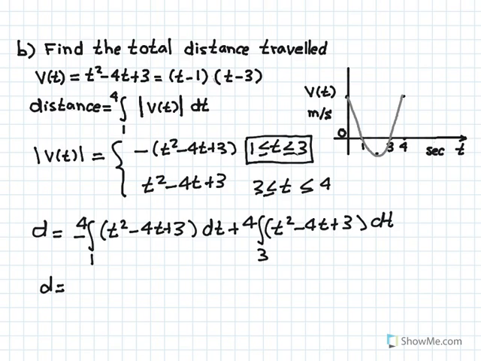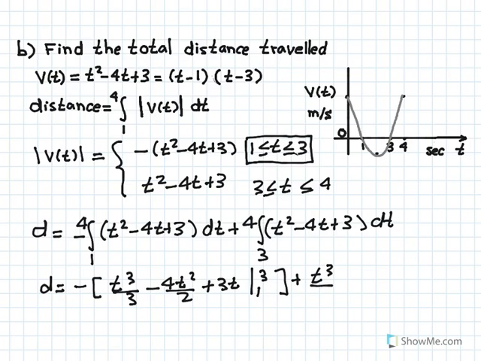So now let's integrate. We get minus integral of t squared is t cubed over 3 minus 4t squared over 2 plus integral of 3 is 3t, all evaluated from 1 to 3, plus the second integral of t squared is t cubed over 3 minus 4t squared over 2 plus 3t, evaluated from time 3 to 4.